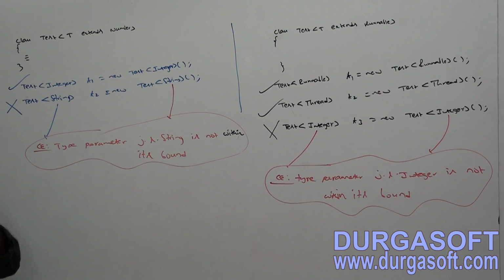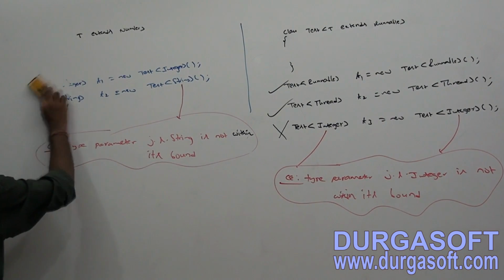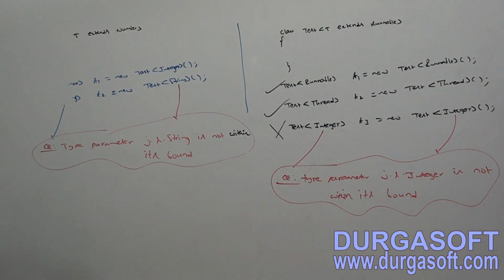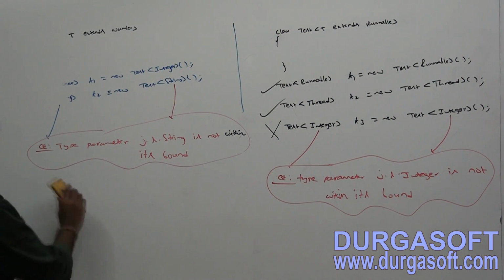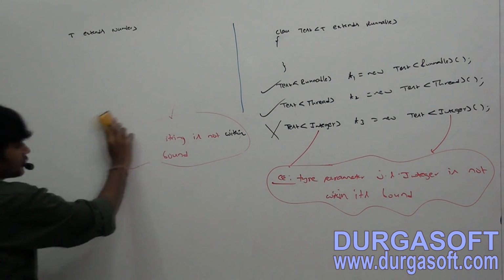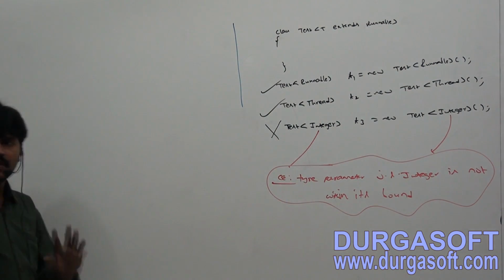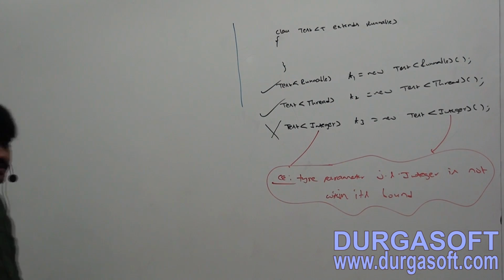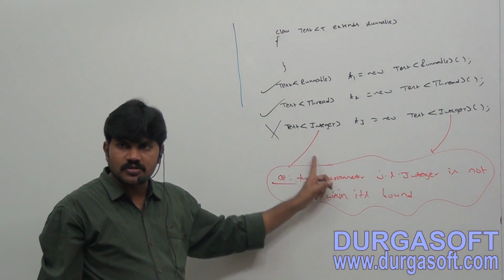Completed, right? Take clearly. So this is the way how we can define bounded types. But here there are some constraints. That part I will discuss anyway. Completed this part also, right?